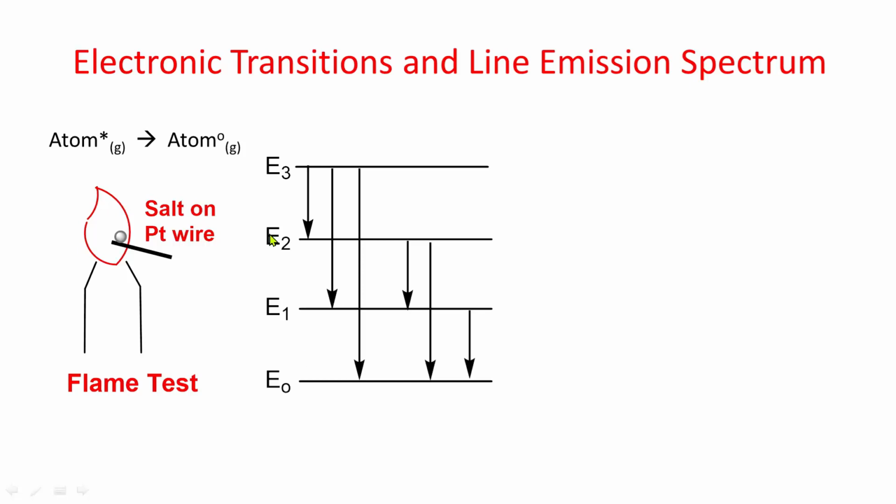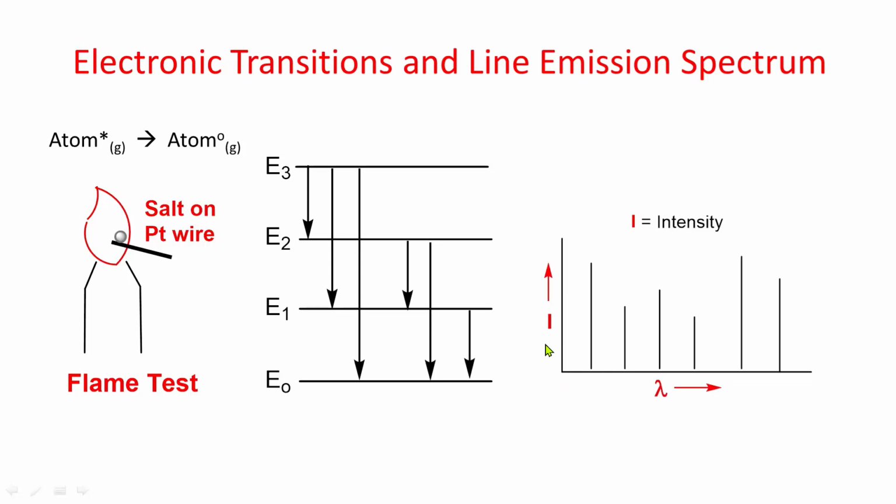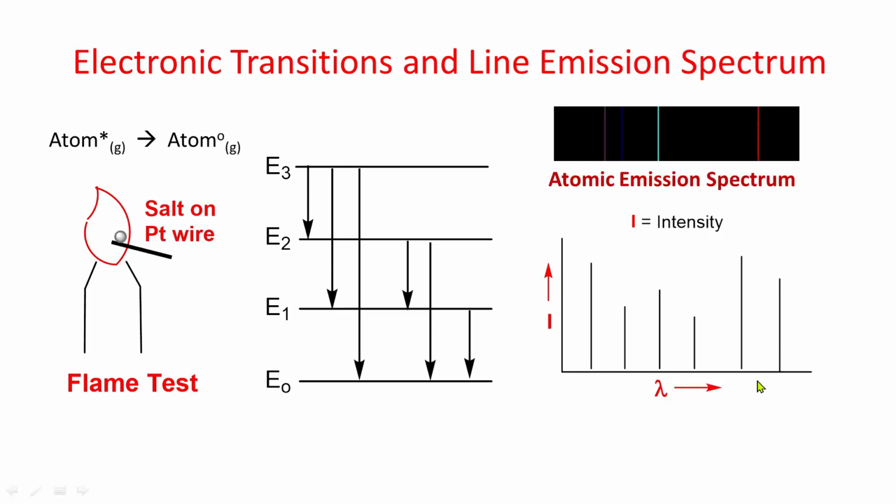If in an element, these are the transitions from the excited state to the ground state, then when we plot intensity emitted versus wavelength, we will get lines. These lines will be bright and the background will be black.